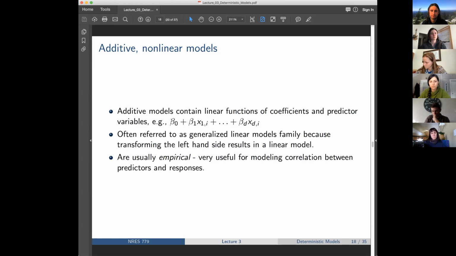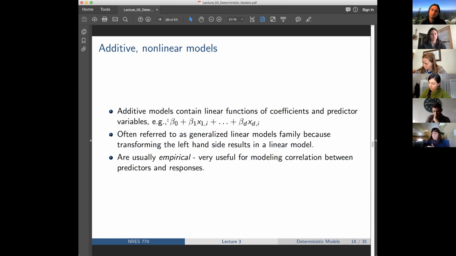So the support of this is negative infinity to infinity, because beta 0 and beta 1 and beta d can take on any values between negative infinity and infinity, and they can give you a line anywhere that you want. When you think of a line that's not flat, it's going off to infinity and negative infinity on the other end.